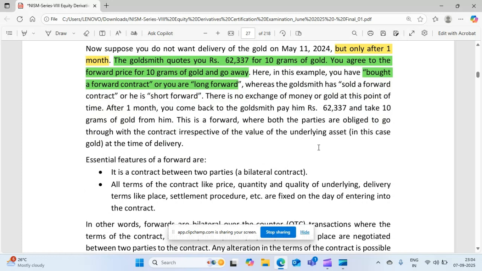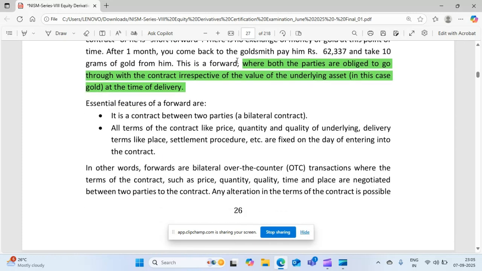In case of a forward contract, both parties are obliged to go through the contract irrespective of the value of the underlying asset at the time of delivery. You may have a price today which you have agreed upon, but when the contract actually gets completed, the price may have become different. The price agreed upon for 1 month was 62,337. It may be different after 1 month, correct?